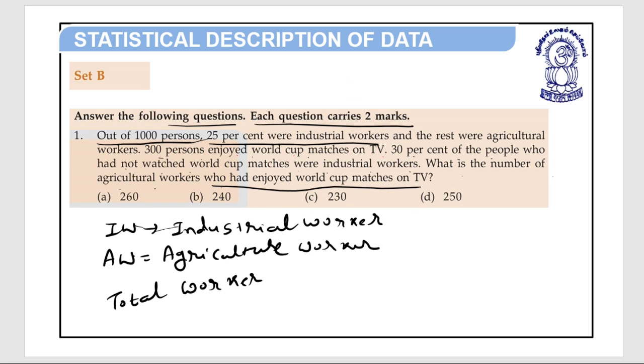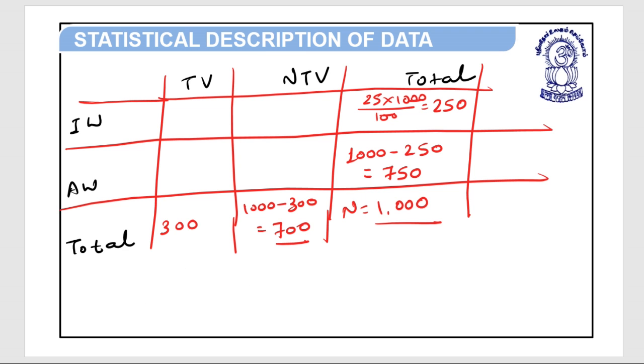30% of people who had not watched World Cup matches were industrial workers. What is the number of agriculture workers who had enjoyed World Cup matches on TV? So here 30% of people who had not watched World Cup matches. So not watching, 700 into 30 divided by 100, 210.